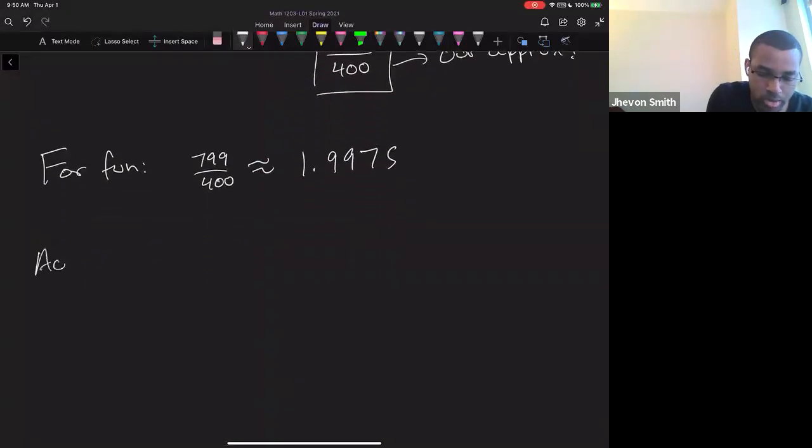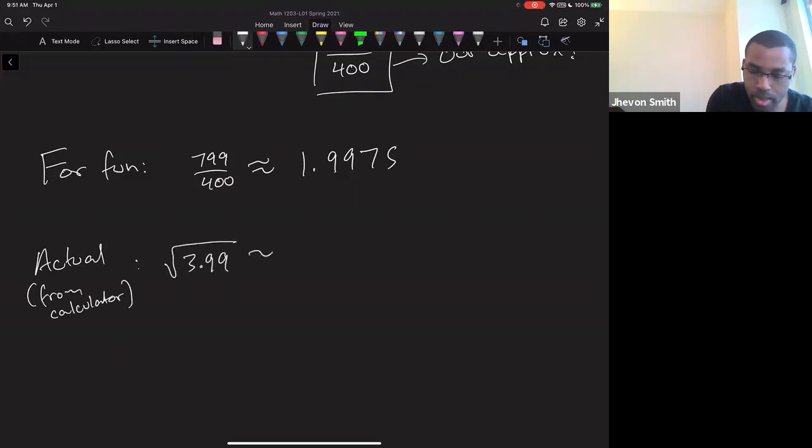Now, what is the actual value? Actual from calculator of the square root of 3.99. So I go to my calculator, square root 3.99.